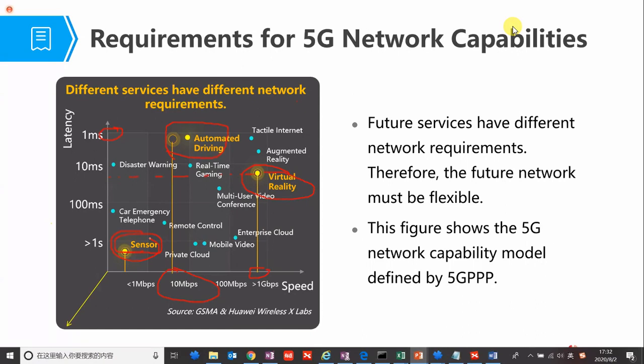This is one feature compared with 4G. It can serve our network resources and make different slices for different users. The network resource will be fully utilized.